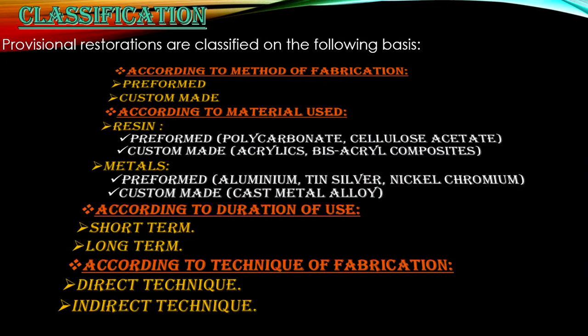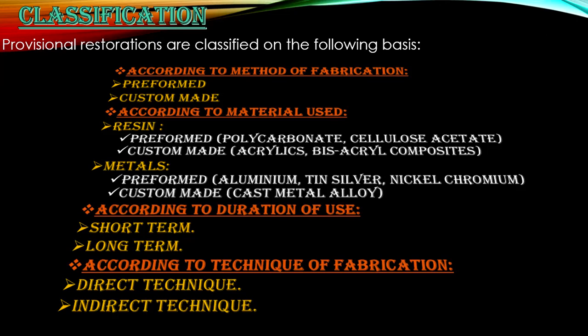Provisional restorations might be classified, and we have different classifications. According to fabrication, we have preformed and custom made. According to material used, we have resin: preformed polycarbonate or celluloid acetate, custom made acrylic-based acrylic composite.